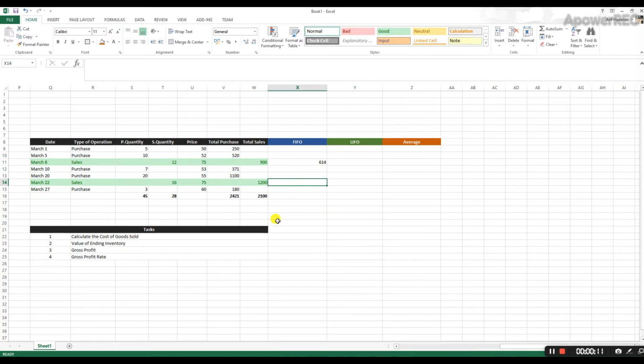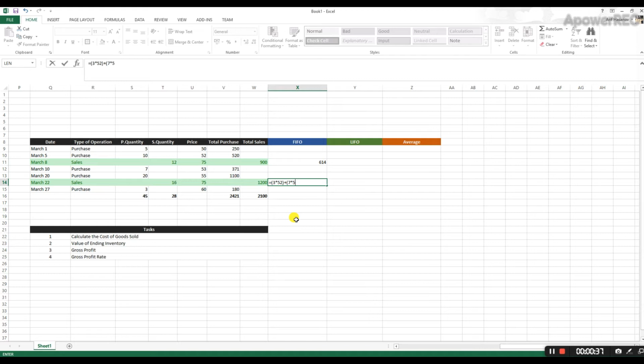As we remember, we have 3 phones left from the 10, so that will be 3 multiplied by 52. Then we sold 16, so 13 left. 7 we sold from this one, 53.